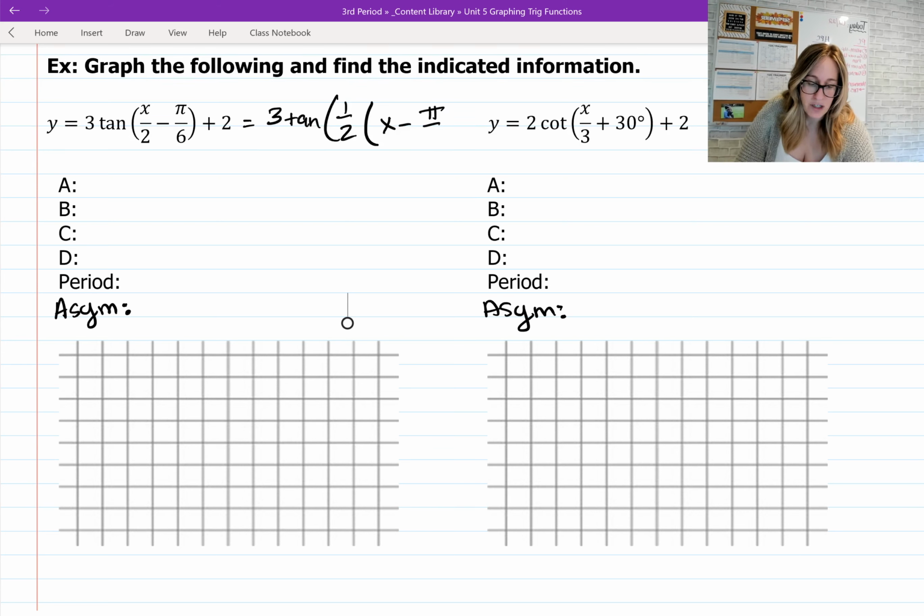If you don't like doing that by hand, go ahead and use a calculator. All I did was type in 1/6 divided by 1/2, and you get pi over 3, or 1/3. Remember to use parentheses: parentheses 1/6 divided by parentheses 1/2, and it will give you the right answer.